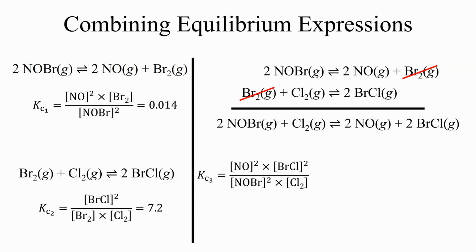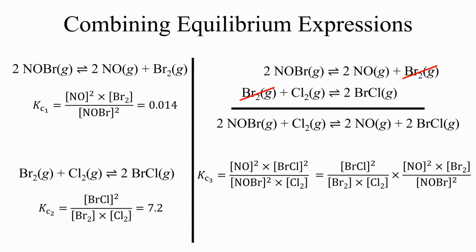Well, if we notice, this is just the other 2 equilibrium expressions multiplied times each other, canceling out the bromine. Well, if we add 2 reactions, and that ended up multiplying their equilibrium expressions, then that actually just multiplies their equilibrium constants, which gives us our new equilibrium constant for our overall reaction.